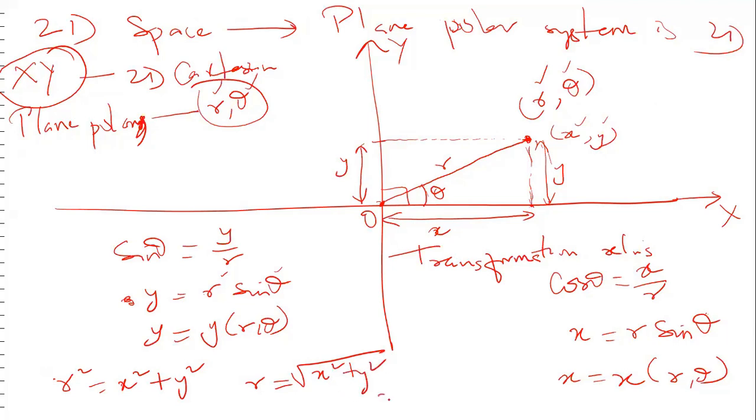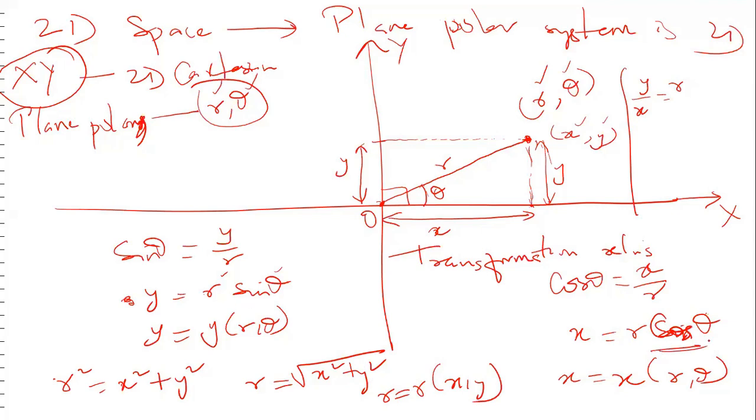So what does that mean? This means that r can also be expressed as a function of x and y. And similar to that, if you take the ratio, y upon x will be r sin theta upon r cos theta. There was a mistake, this is cos theta, here it is sin theta.